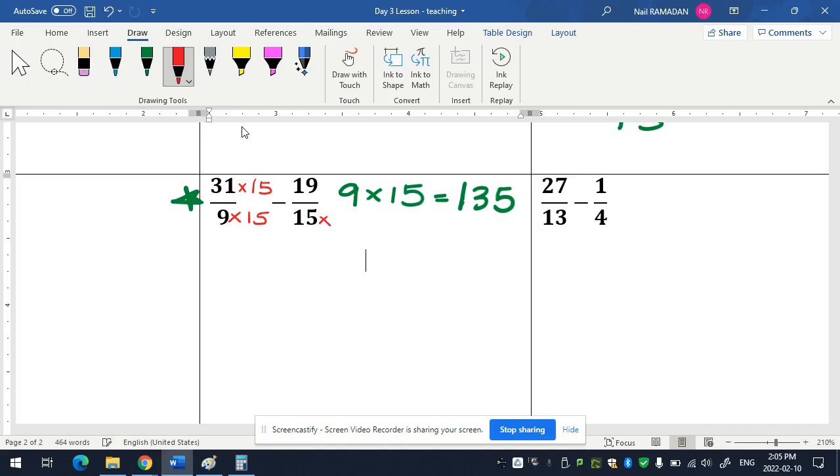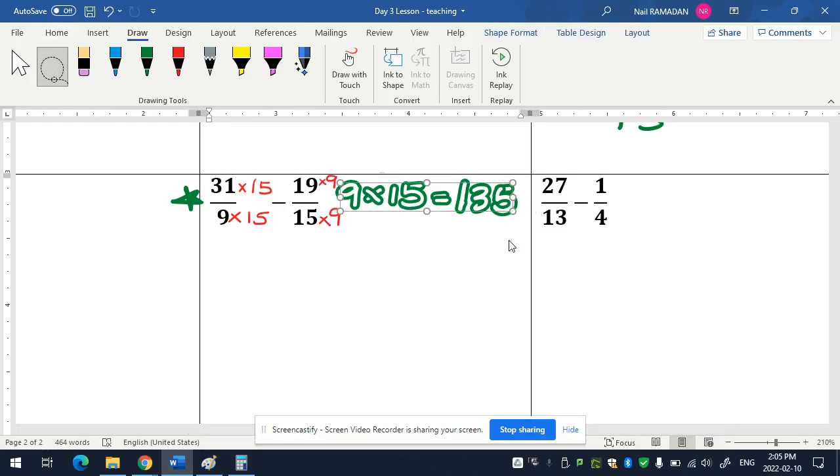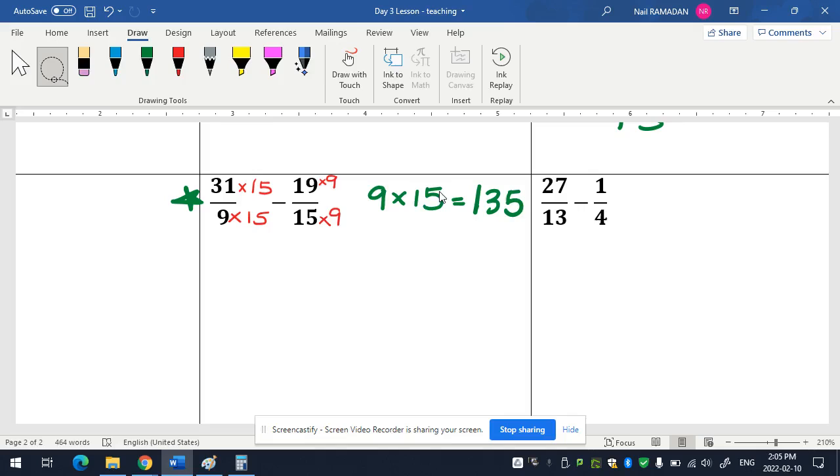Times what? 9 times 9. Let me make this smaller. Okay. New fractions. Something minus something else. 9 times 15. We've already worked it. 135.